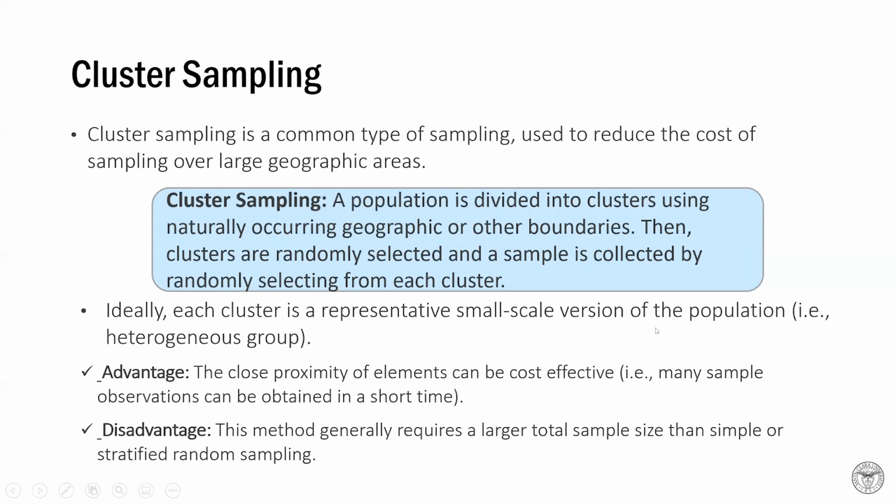Using cluster sampling can be cost-effective because the elements are in close proximity to each other, and observations can be collected in a relatively short time. The disadvantage is that cluster sampling generally requires a larger total sample size than simple or stratified random sampling.